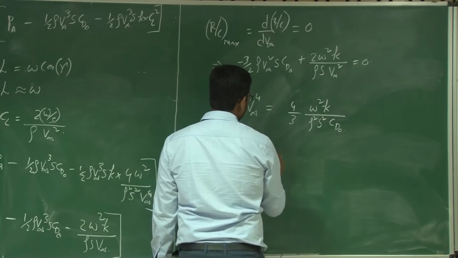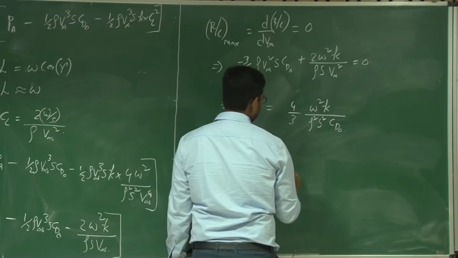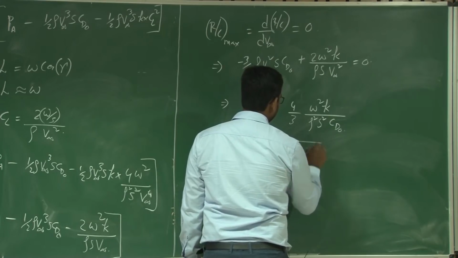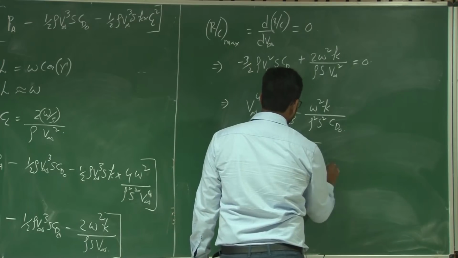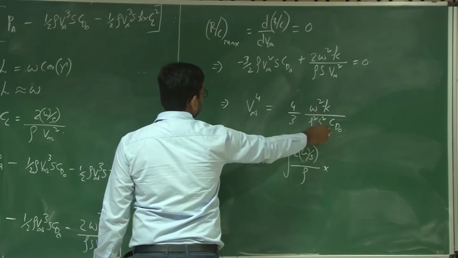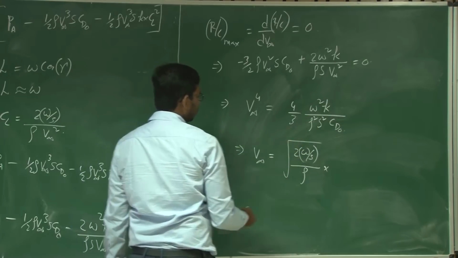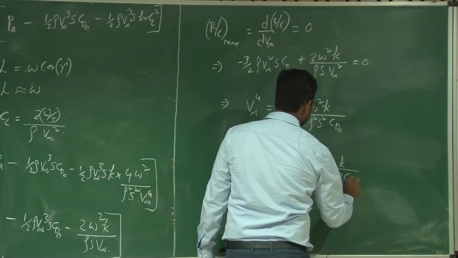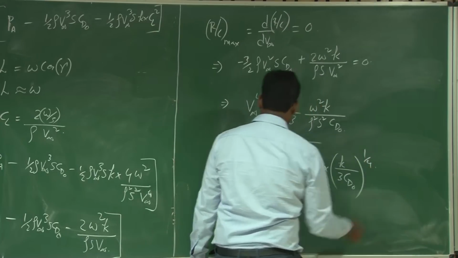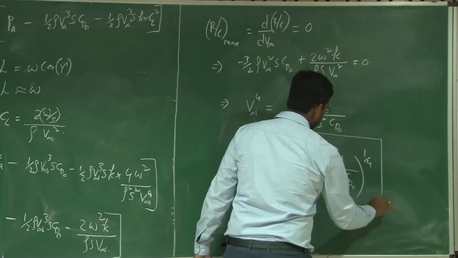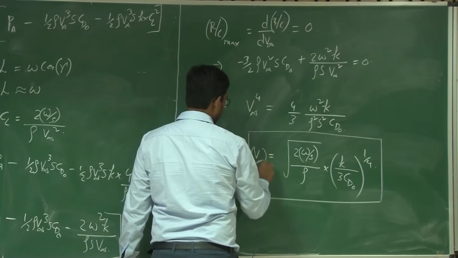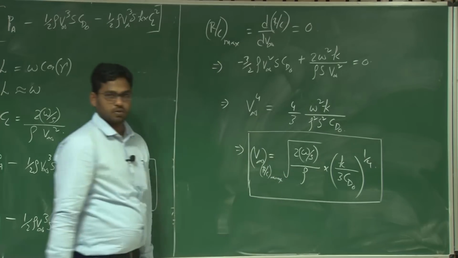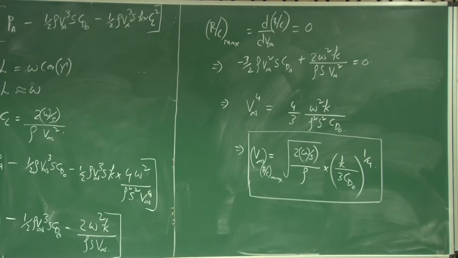This gives V infinity as square root over 2 W by S by rho, raised to the power of 1 by 4, into K by 3 CD naught, raised to the power of 1 by 4. So, this is the velocity condition for the corresponding rate of climb maximum.